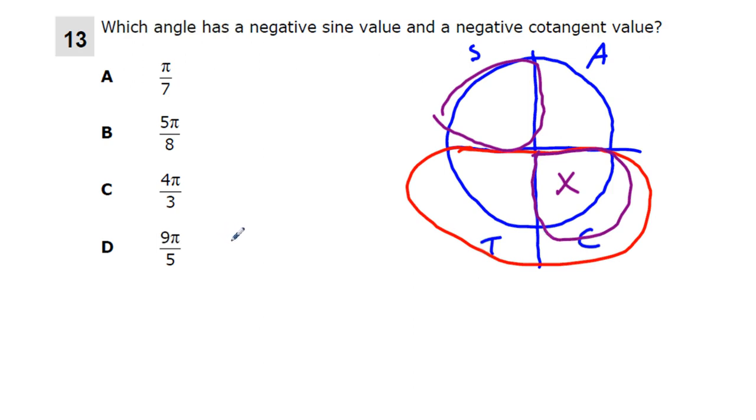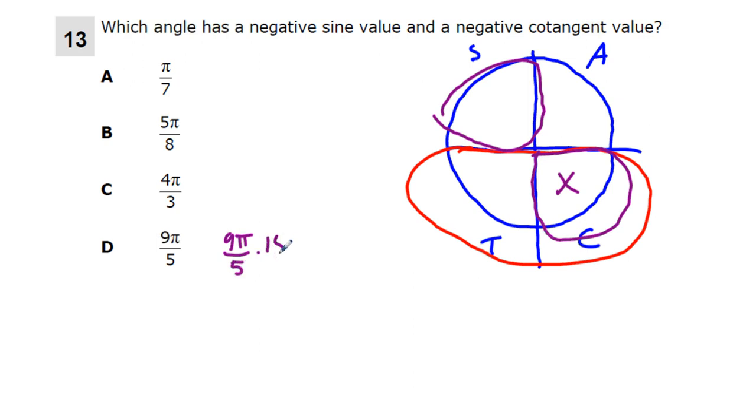And how do you find that? Take 9 pi over 5, and it won't be on our unit circle because it's not a common fraction.